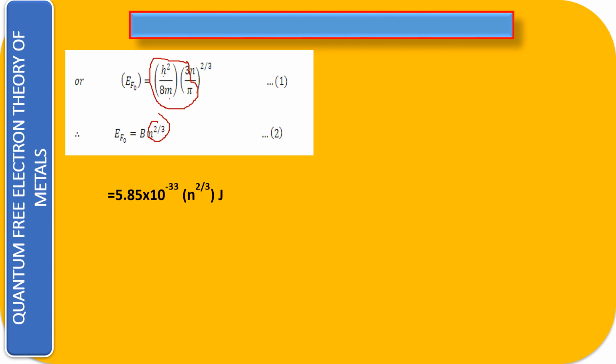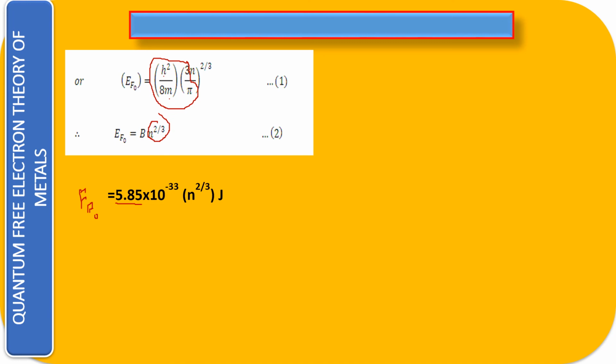I have substituted those values, and the value of b comes out equal to 5.85 into 10 to the power minus 33 joules into n to the power 2 by 3. So this will be your Fermi energy. The Fermi energy at 0 Kelvin, that is EF naught, comes out equal to 5.85 into 10 to the power minus 33 n to the power 2 by 3 joules.